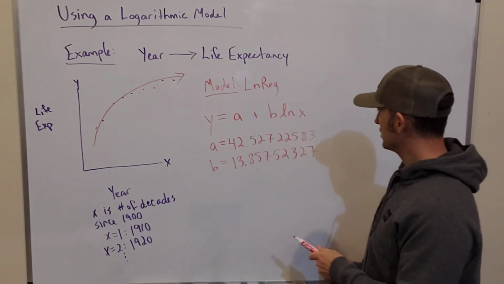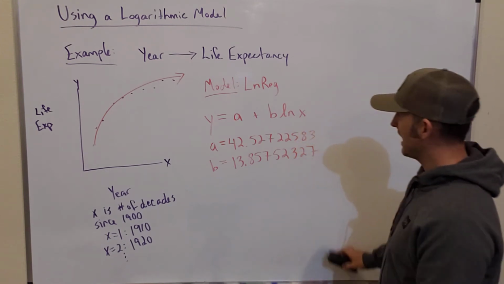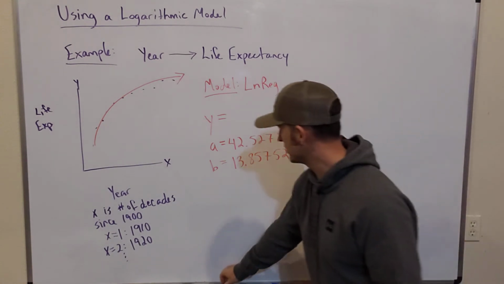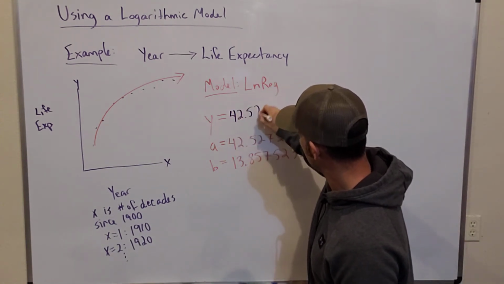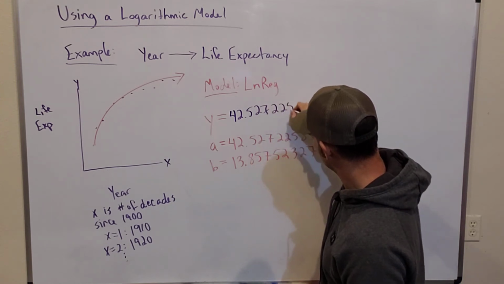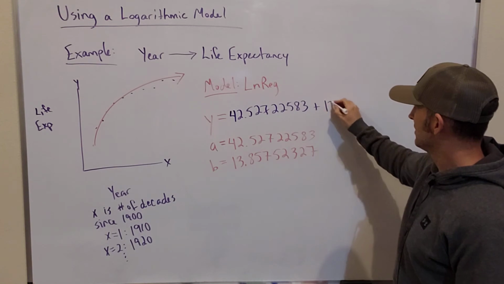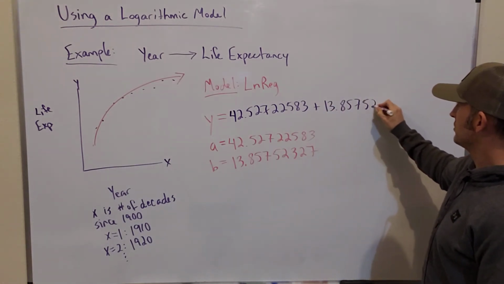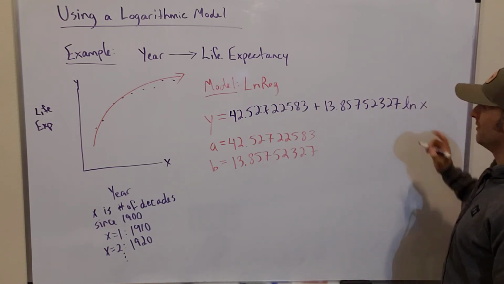Okay? So let's rewrite our model in a way we might actually write it down. I'm going to replace a and b from the equation we just had. So it's a, which is 42.52722583, plus b, 13.85752327, times the natural log of x.